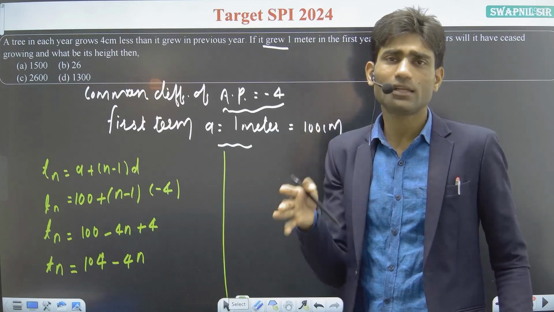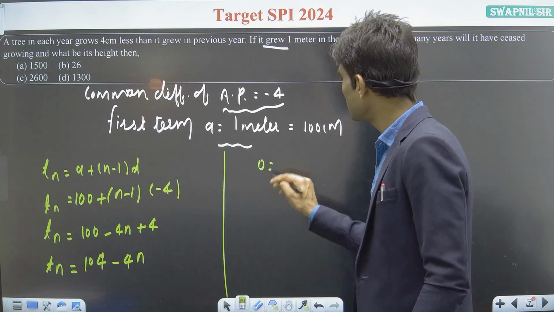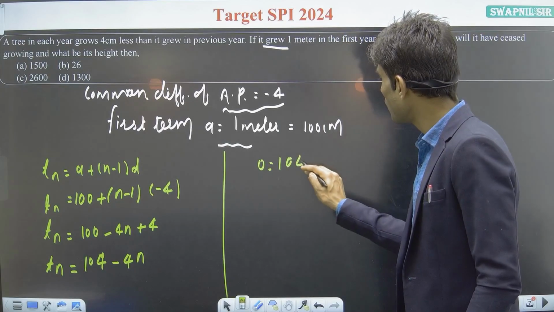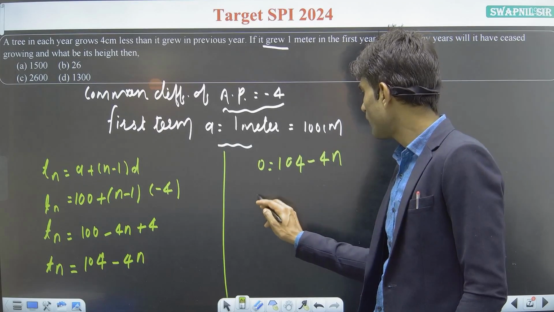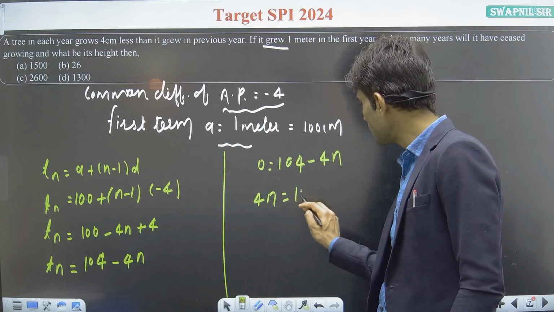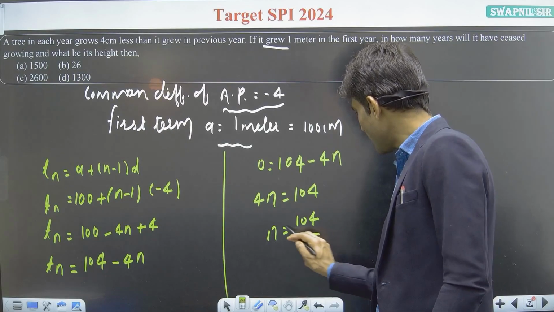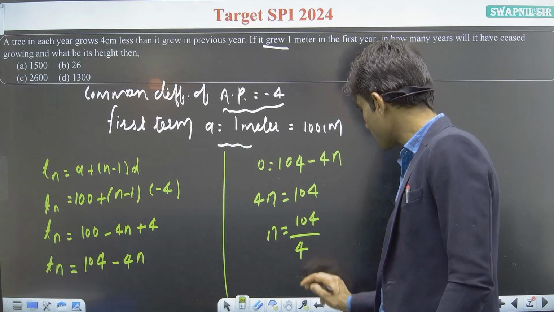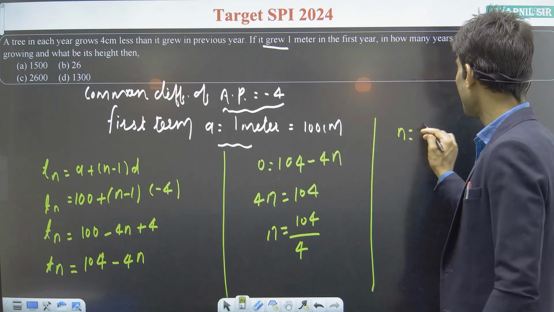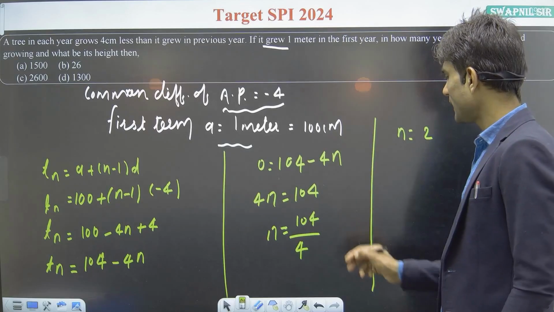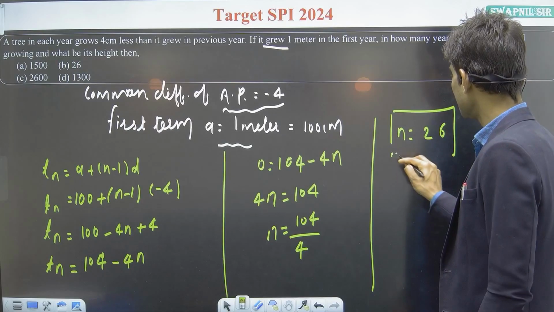If we consider Tn as 0, then you will get the value of n. So 104 minus 4n equals 0, so 4n equals 104. Then n equals 104 divided by 4. 4 2s are 8, and after 2 take it here, 4 6s are 24. So n is 26.